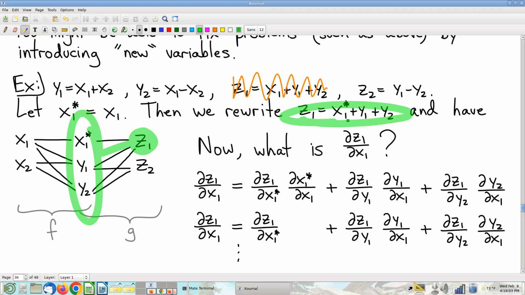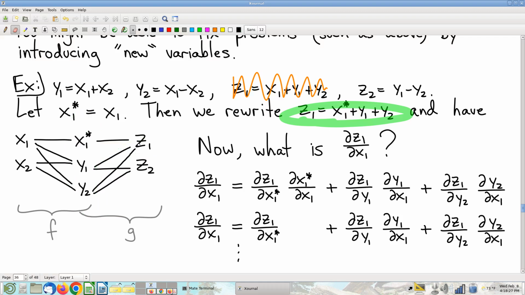It's the same formula, since x1 star is x1. Nothing really happened except now it's phrased as an actual legal composition to which I can apply the chain rule that I've developed for compositions of functions, and we're safe. And it's all downhill from here.